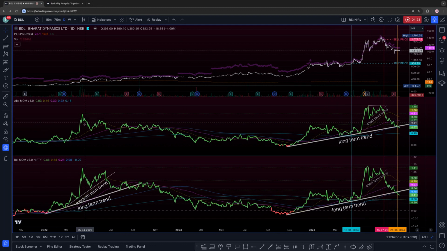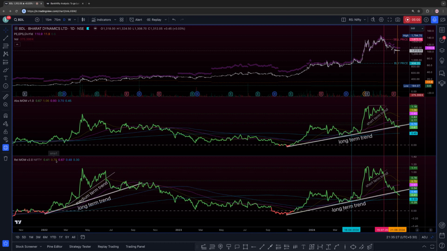So another thing of interest here is the lines which are plotted here in purple, light orange, purple, blue, and cyan color. So these are the different simple moving averages which are plotted automatically in the indicator itself. They are simple moving averages of the actual momentum charts by itself. So this is SMA1, this is SMA2, SMA3, and SMA4.